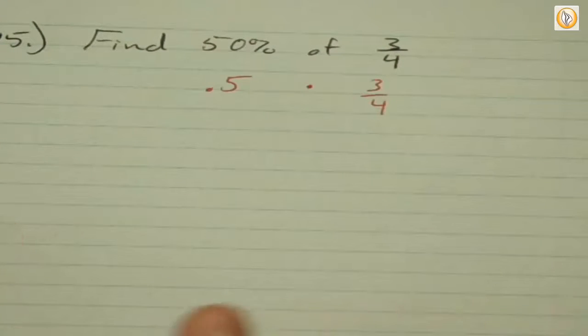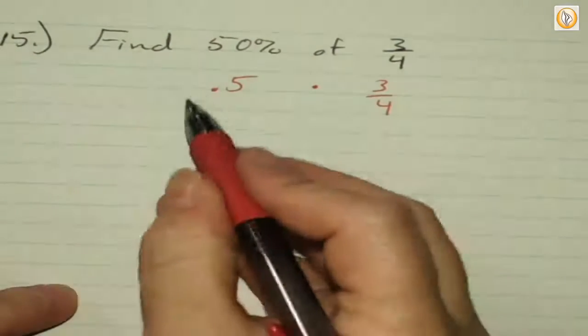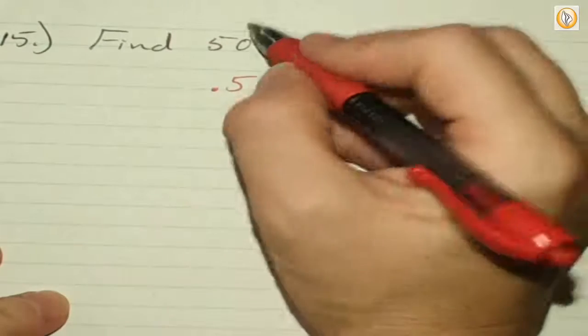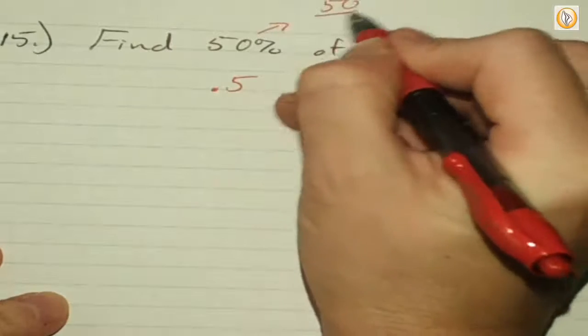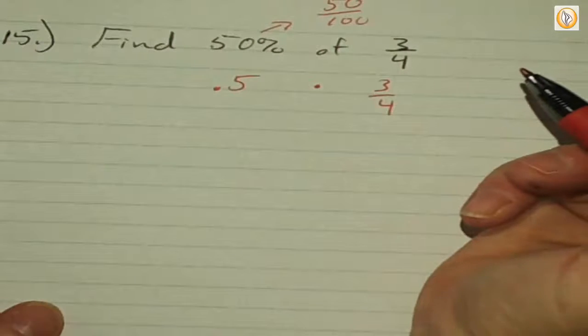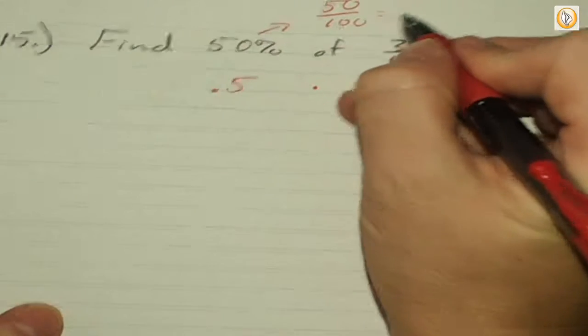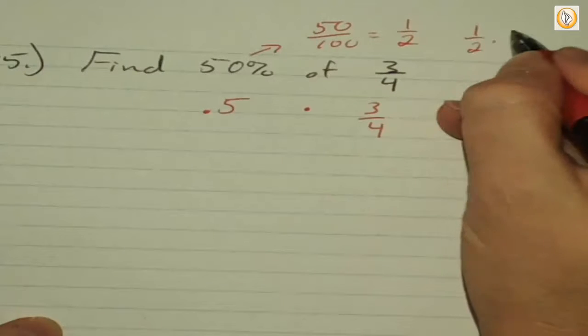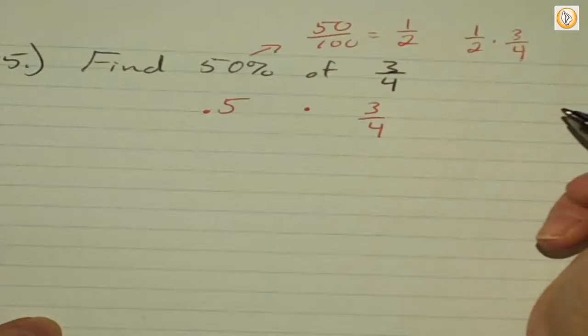Okay. And would you turn it into a decimal? Okay, it's up to you. You could turn this into a fraction. This would have been 50 over 100, which then turns to a half, right? So you could have done 1/2 times 3/4.